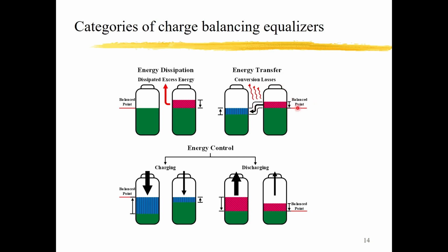Transfer the excess energy from this cell to the other cell, okay, to make them even. And the third one is to control the energy. To control the energy means when we charge, we give the lower SOC cells more charge, and give this one less charge. When discharging, just the other way around.